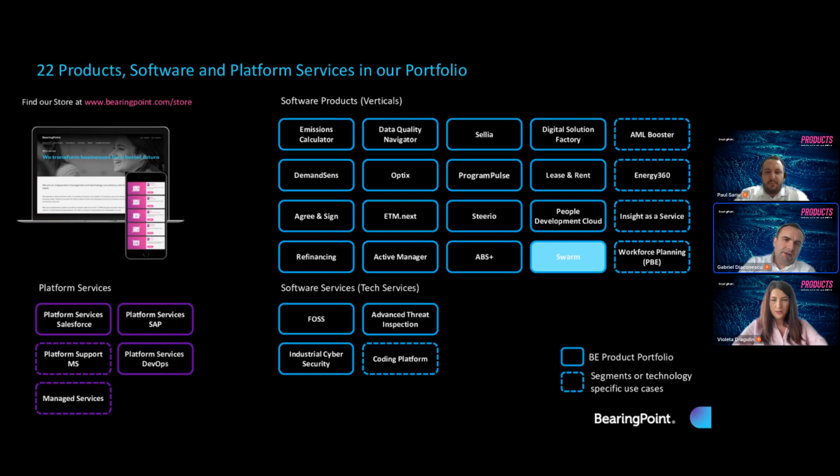So you see, out of the 22 products, some are more into a pure software service, which are represented under certain verticals, but it's also part of our product portfolio to establish managed services for established products in the market. Like it could be the Salesforce, it could be the SAP or Microsoft landscape. But for today, we would be focusing on Swarm.